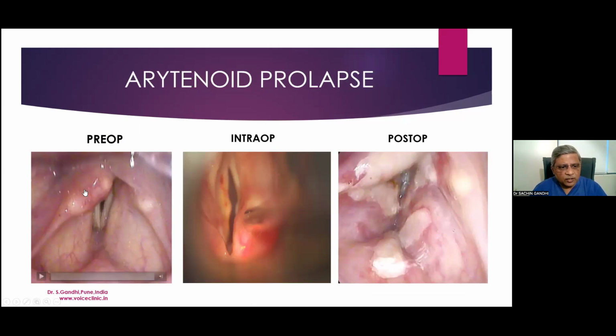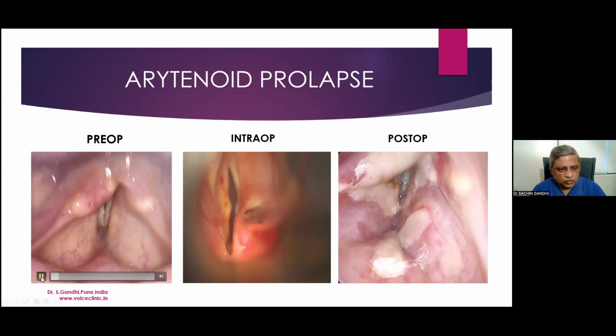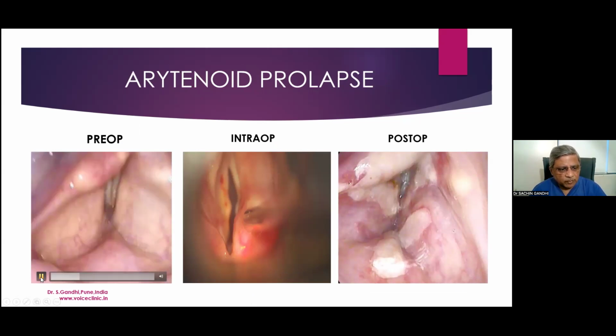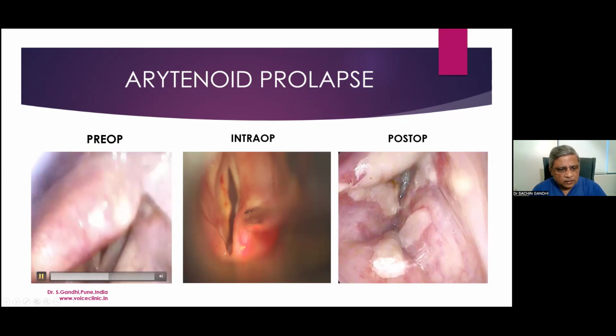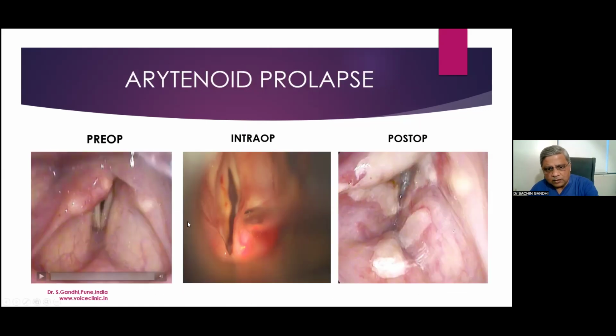Cases of arytenoid prolapse with bilateral abductor palsy, you have to limit your surgery to the arytenoid and then open up the airway. So this is the stroboscopy showing the arytenoid prolapse. Limit the surgery to the arytenoid.